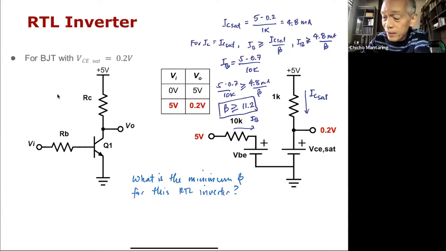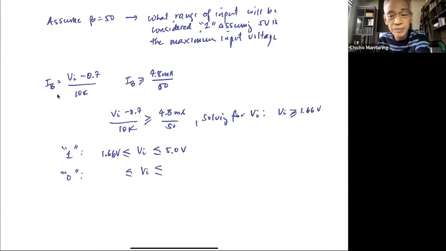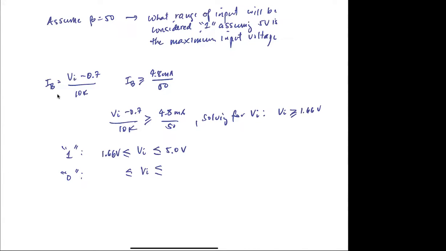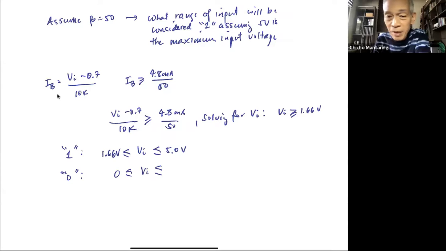Kailangan cut off tong transistor na to. Ano po sir? 0 to 0.7 volts? That's right, no? So ang minimum value ng VI is 0, syempre kasi yun yung pinakamaliit na voltage natin, that is our reference voltage, and then hanggang 0.7 volts. So ito yung logic level 1, ito yung logic level 0, no? So don't make that mistake, no, na anything below 1.66.